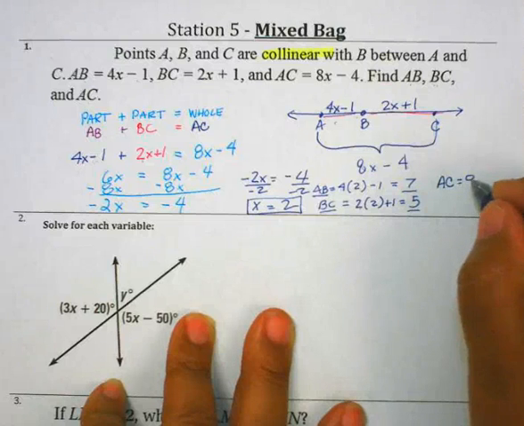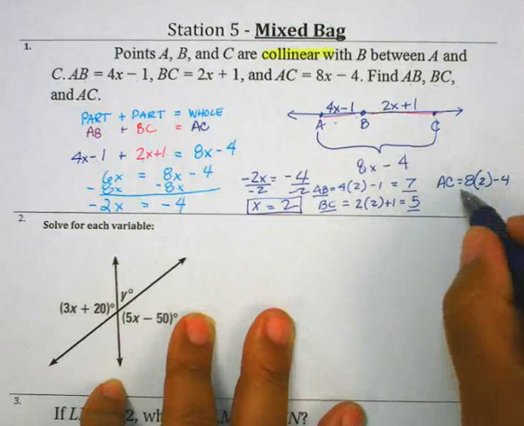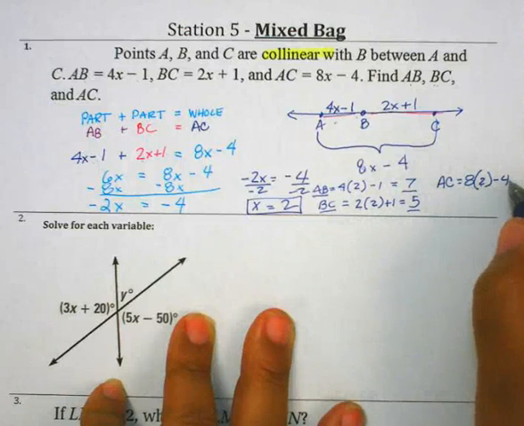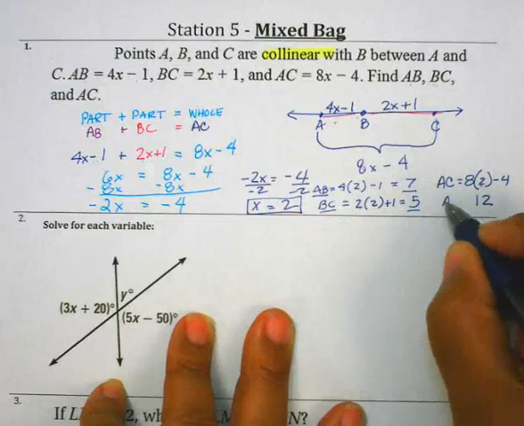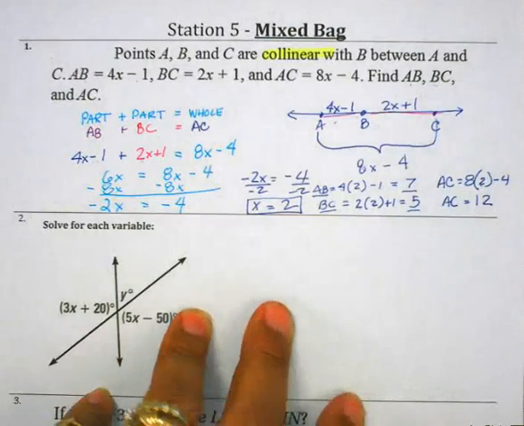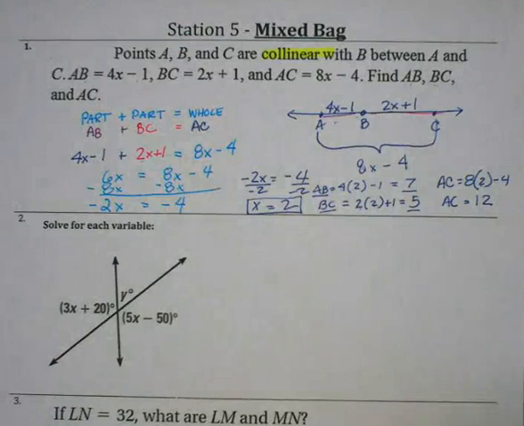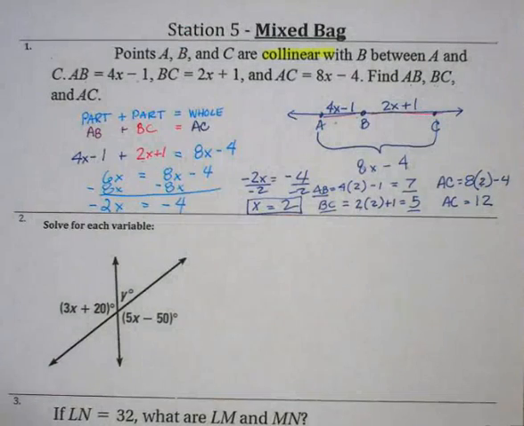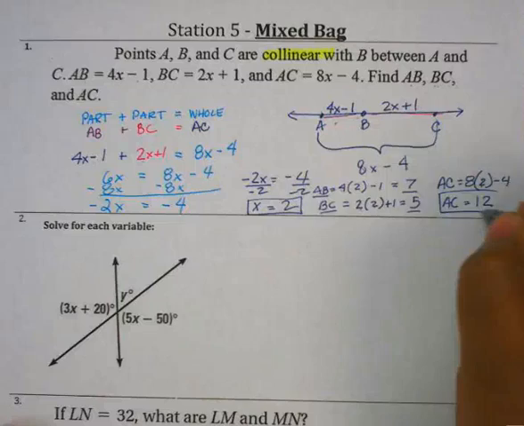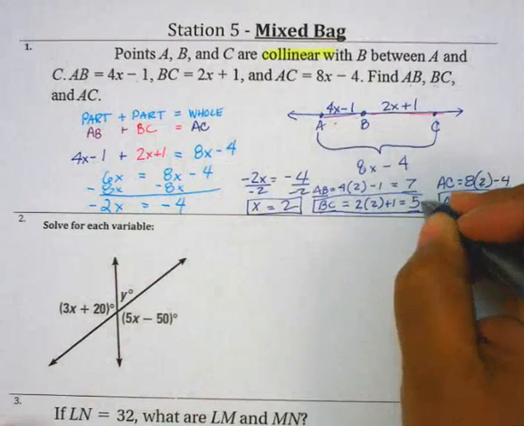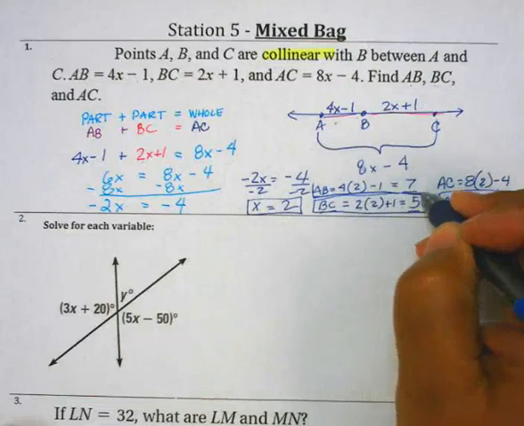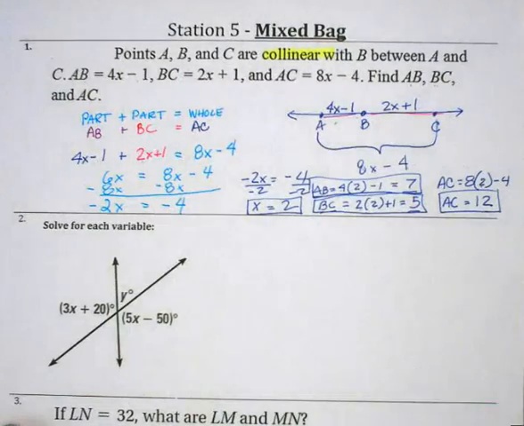So 8 times 2 minus 4. 8 times 2 is 16, minus 4 is 12. So AC equals 12. So AC, BC, and AB. Those are the answers.